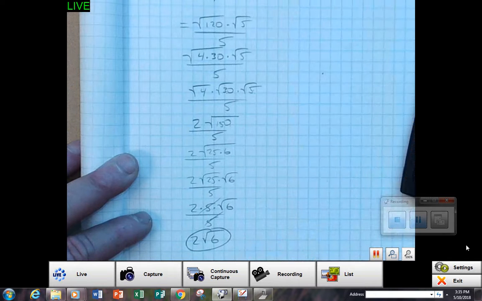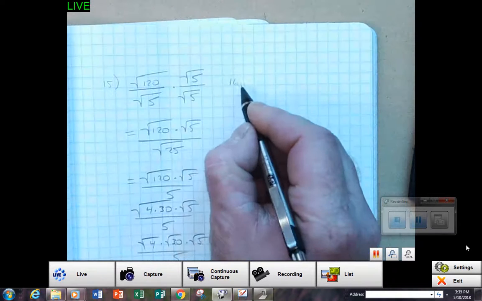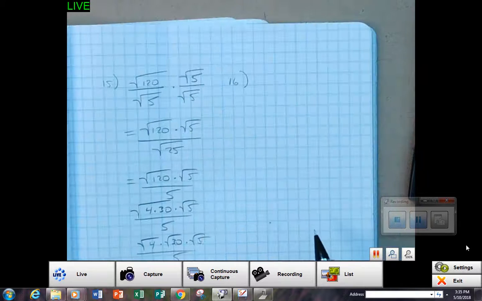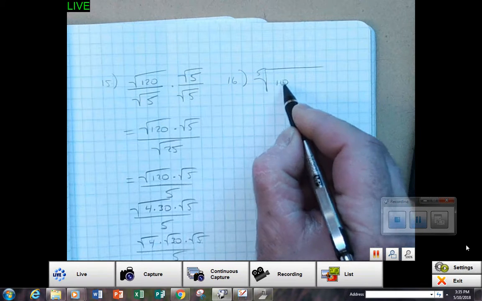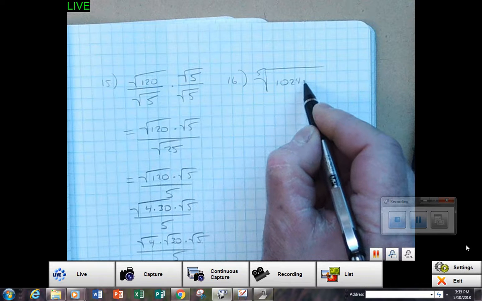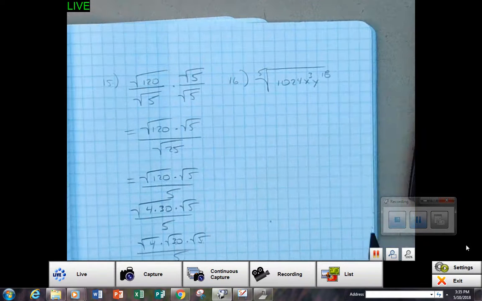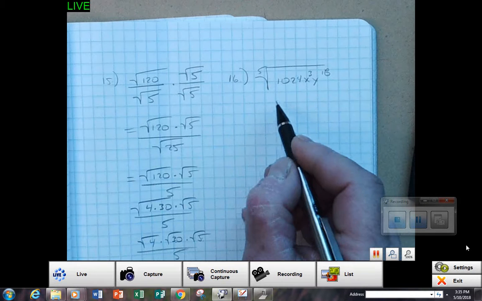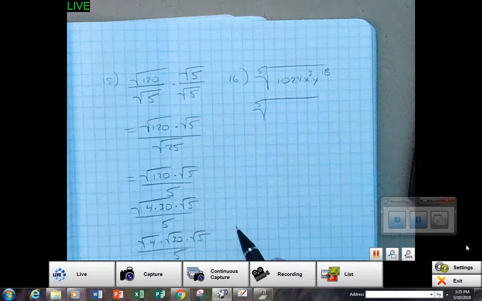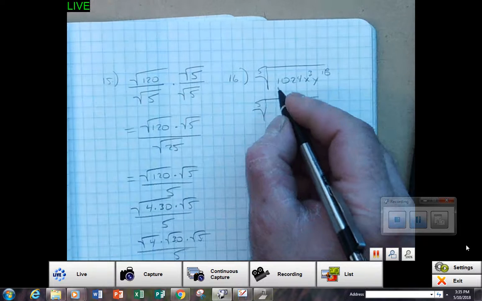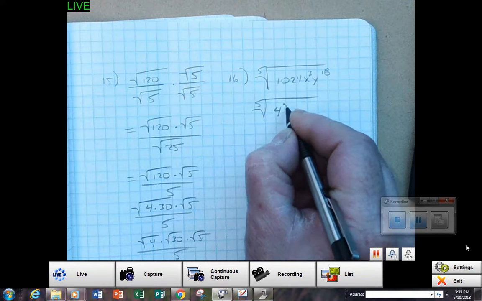Alright, 16. 16 is even harder. So for 16, I have the 5th root of 1024 x to the 3rd y to the 18. What I need to do is find a number that times itself 5 times gives me 1024, and that's going to be 4 to the 5th power.